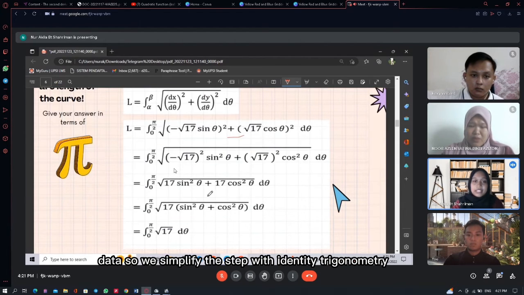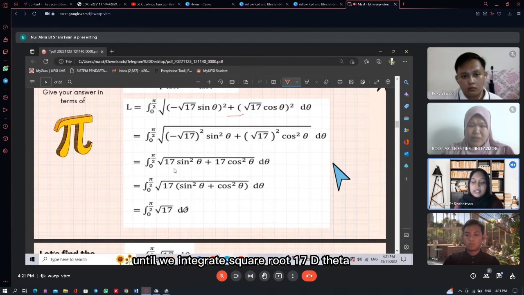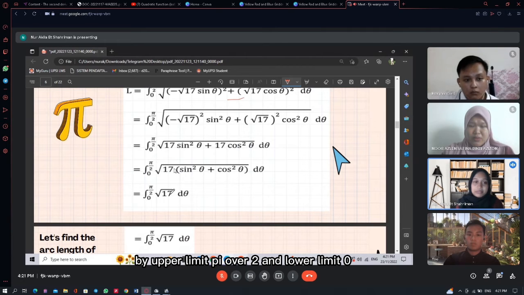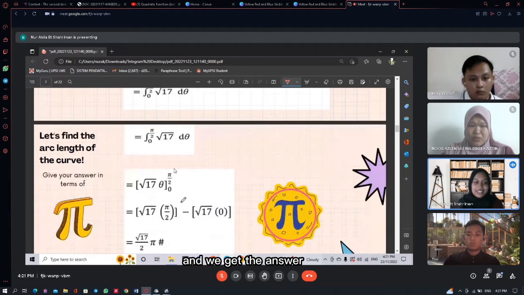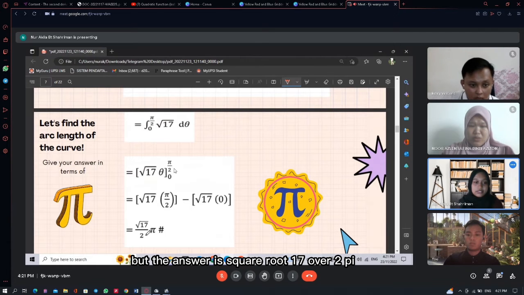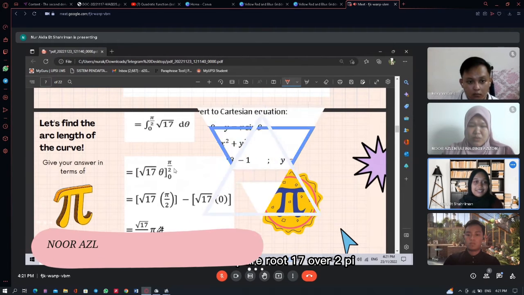So we simplify the step with trigonometric identity until we integrate square root 17 d theta with upper limit pi over 2 and lower limit 0, and we get the arc length, which is square root 17 over 2 pi.